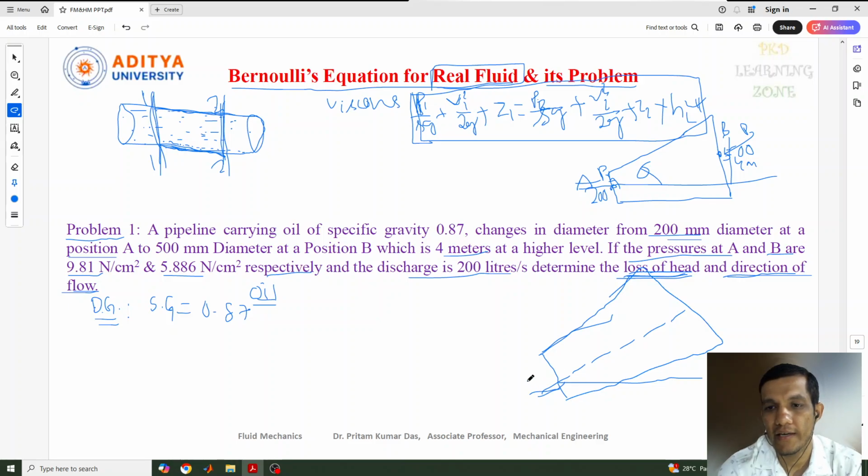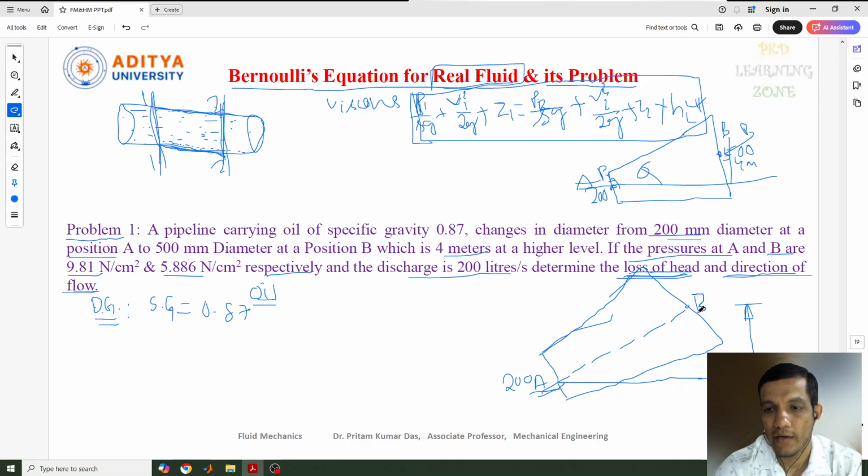So here at inlet the diameter is given 200 millimeter, and at the outlet, at B point, it is another one. I have drawn this because the B part is situated at a height of 4 meter from the datum line. So these things we can mark here.